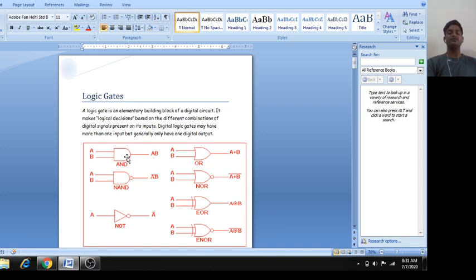The dual of the AND gate is the OR gate. The dual of NAND is the NOR gate. The dual of XOR is the XNOR gate. And what is the dual of NOT? The dual of the NOT gate is again the NOT gate. This is the only gate which does not have any dual.